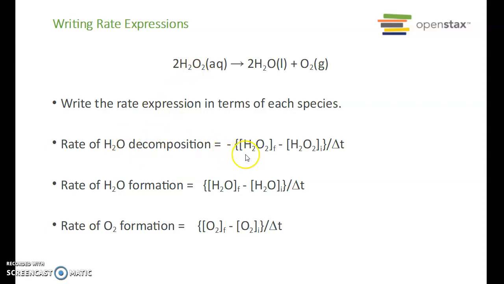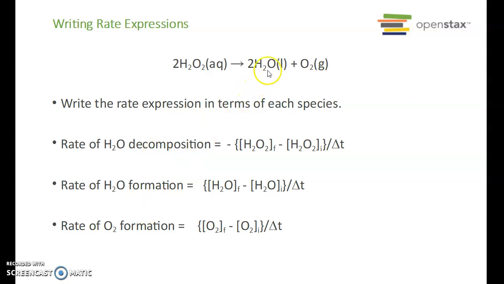It becomes the final concentration minus the initial concentration, divided by the change in time, the time between the initial and final point. That gives you the rate of this decomposition.